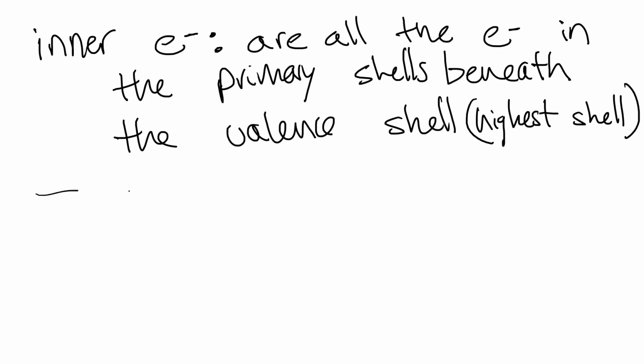So, you've got your highest shell. What does that mean? Well, have you guys looked at valence shells, know what the valence electrons are, understand what that looks like on the periodic table, understand what that looks like in electron configurations?